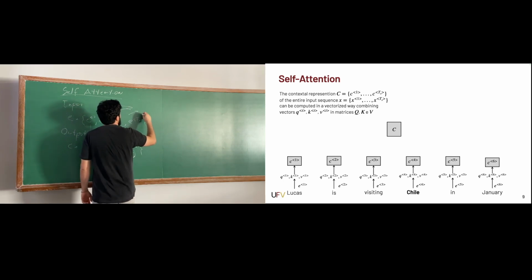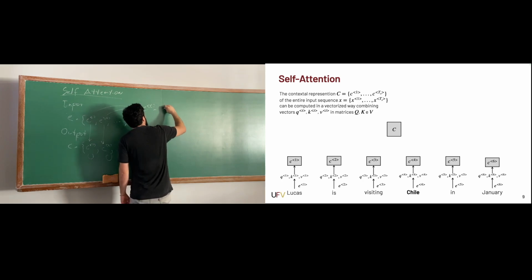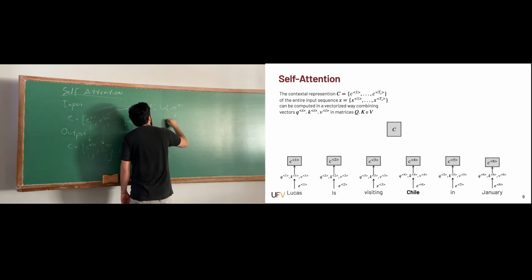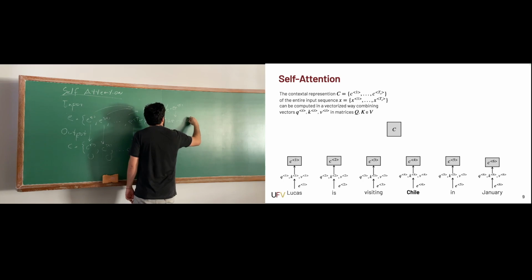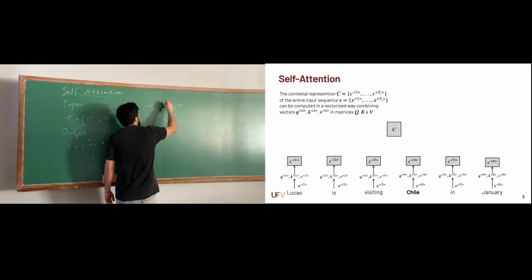So this is just E^T, it's just W_E times O^T, where O is the one hot encoding. So E^T, this is the embedding matrix, right?